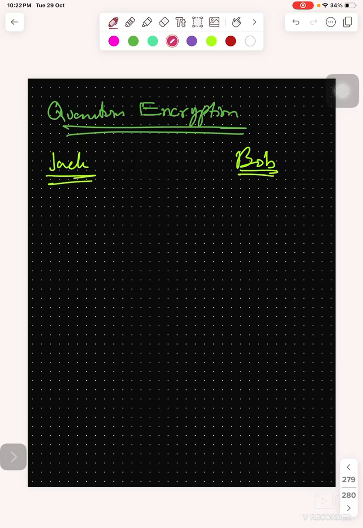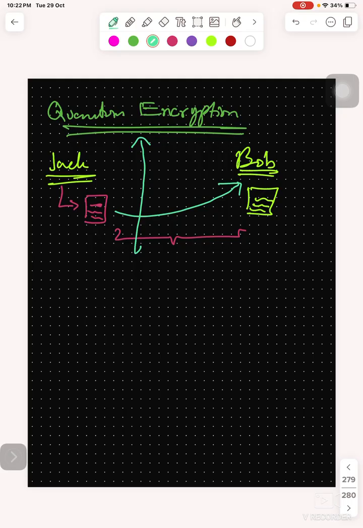Let's suppose Jack sends a message to Bob, but the message is quantum encrypted. There are two ways to send it.